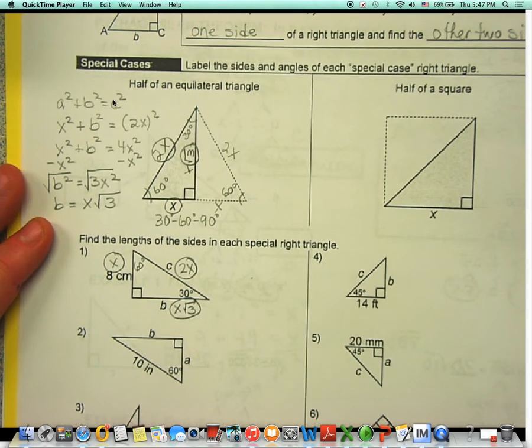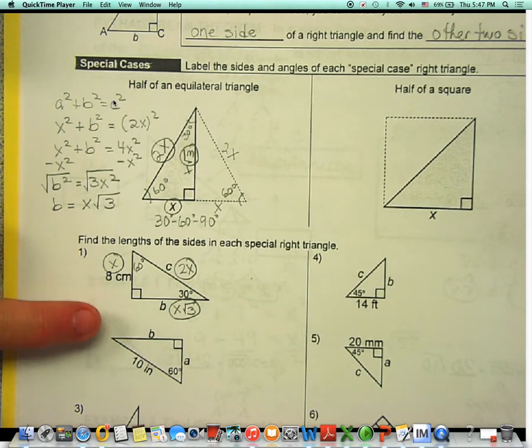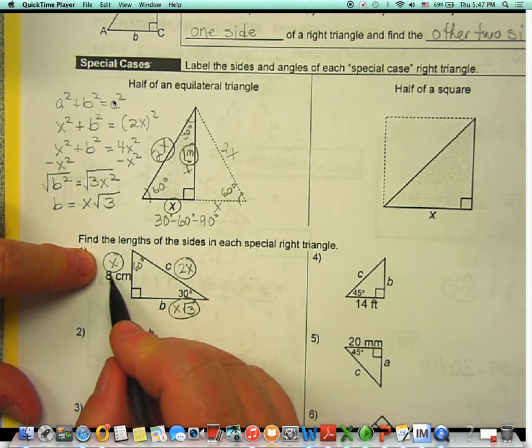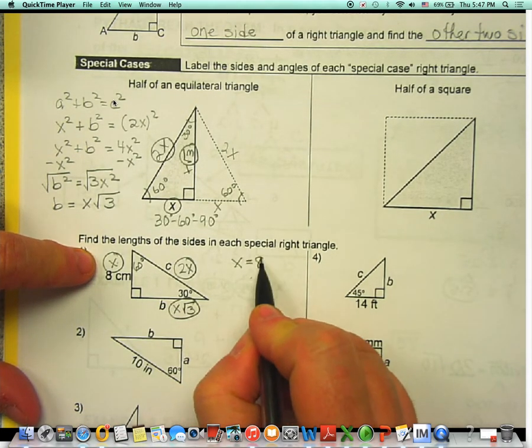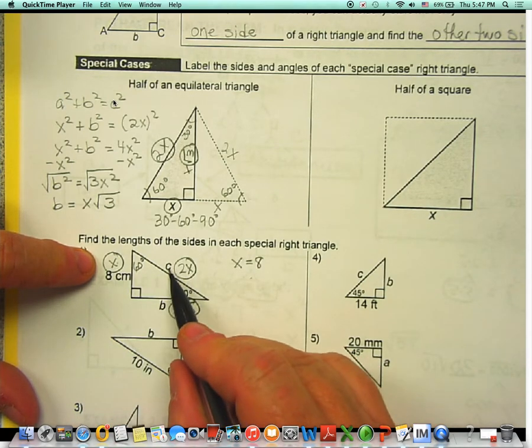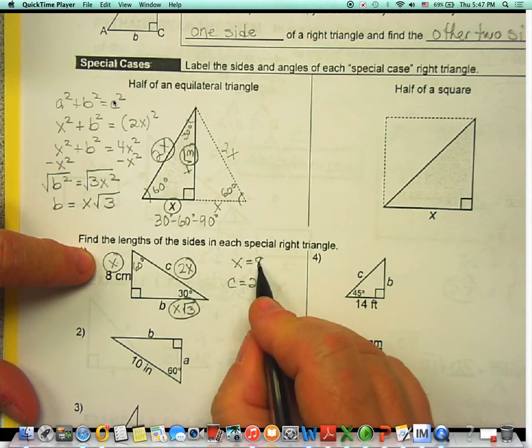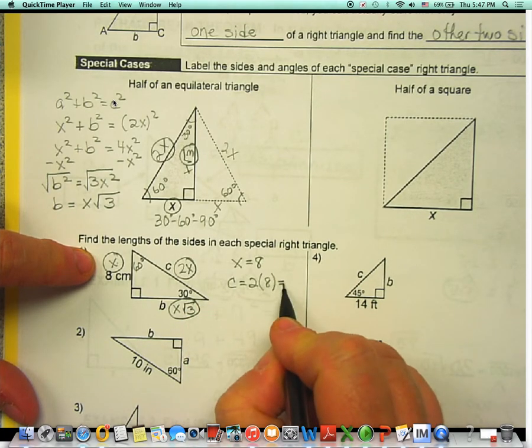Since this has an 8 here, and we know this side, we're going to set x equal to 8, because this side equals x. Then we can find side c. Side c is going to be 2 times x, and if x is 8, that's 2 times 8, which is 16.